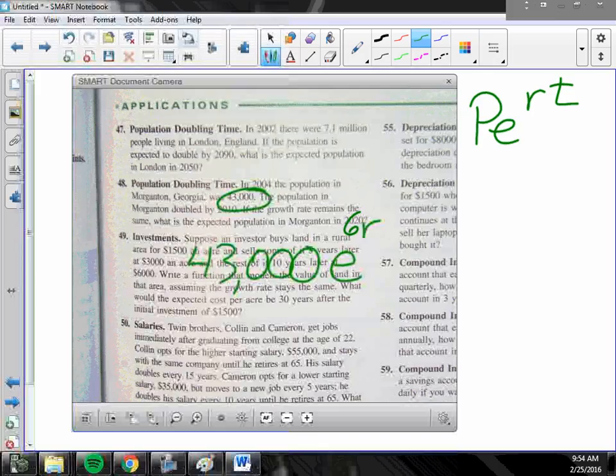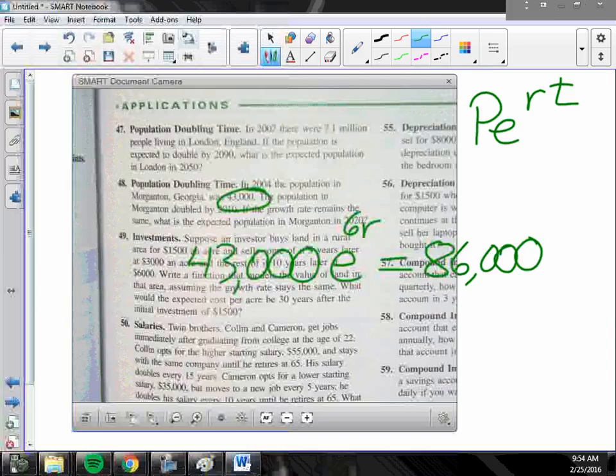So 6r. Okay? And what is this going to equal after those 6 years? $86,000. How'd you get that? It's double. So 86,000. Now the really cool thing about this is I divide by 43,000.